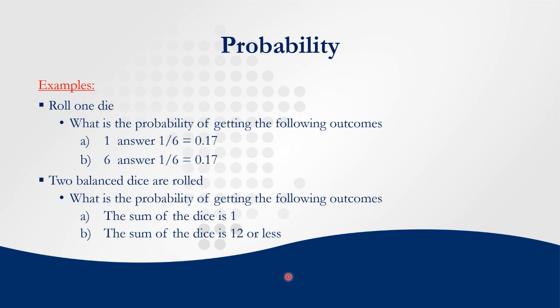Same for Tony: what is the probability that when he adds the numbers on his two dice, he gets a total of 1? Then the second one is, what is the probability that when I sum those numbers, I get a number that is either 12 or less than 12?